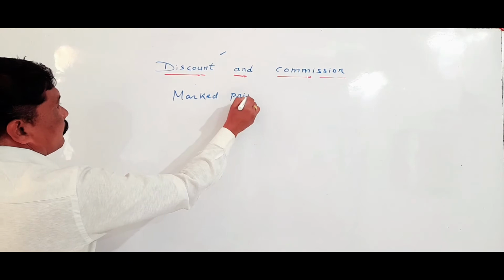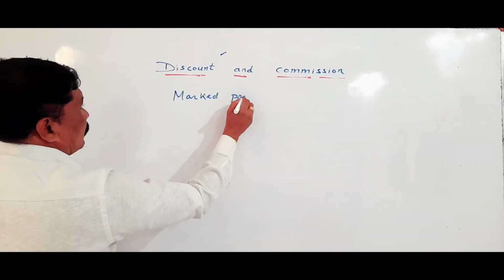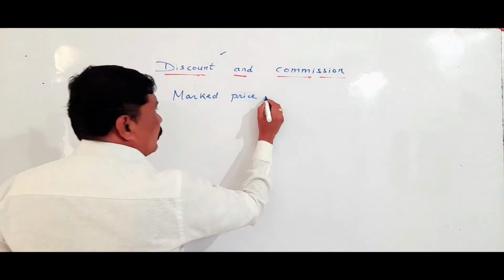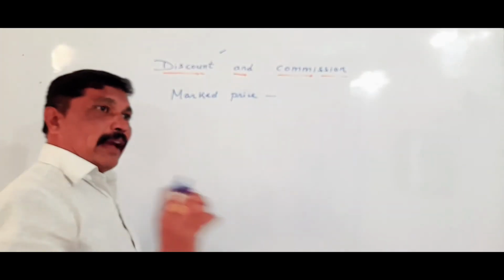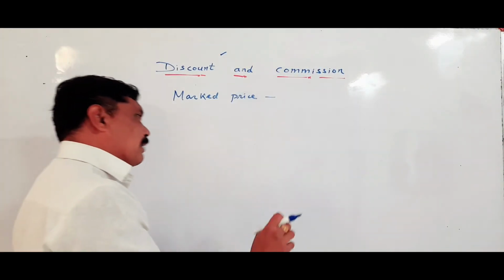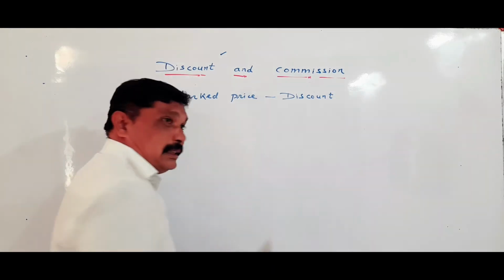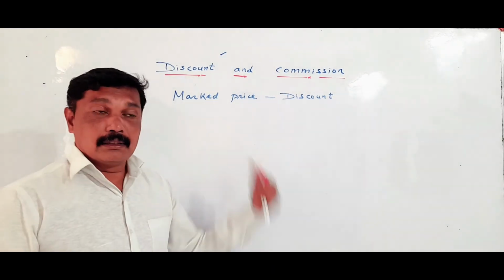Mark price, and something less than mark price. The value which is less than mark price is called what? Discount. This discount is given by the shopkeeper on mark price.